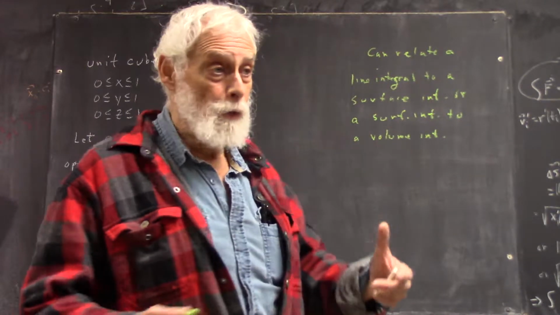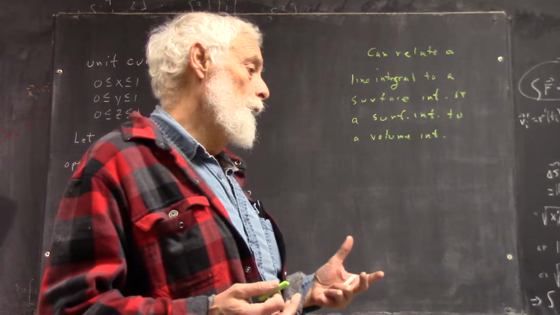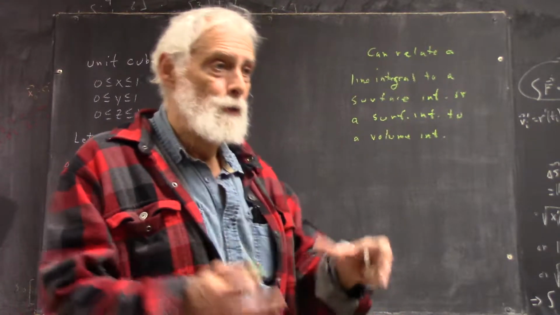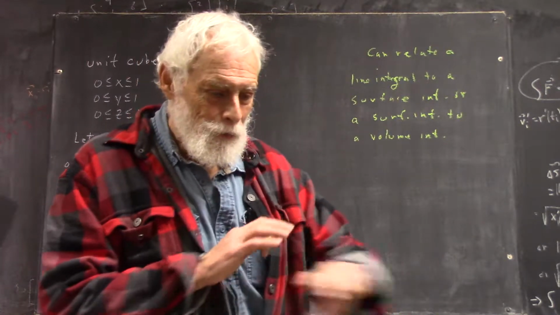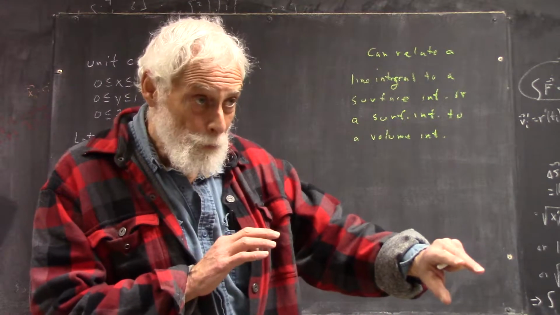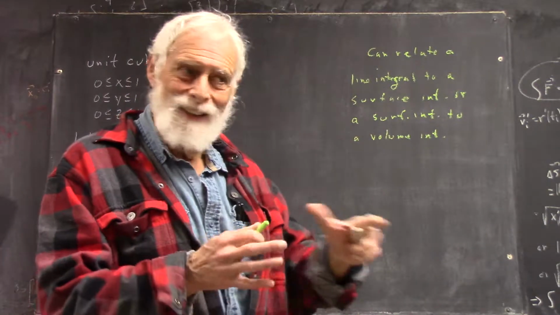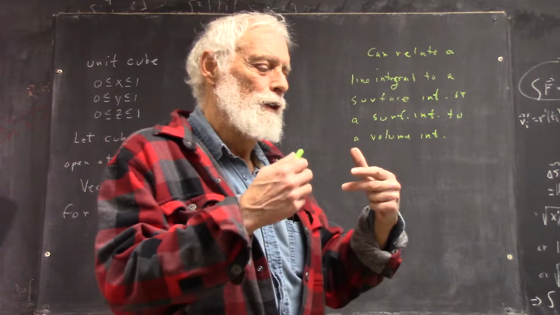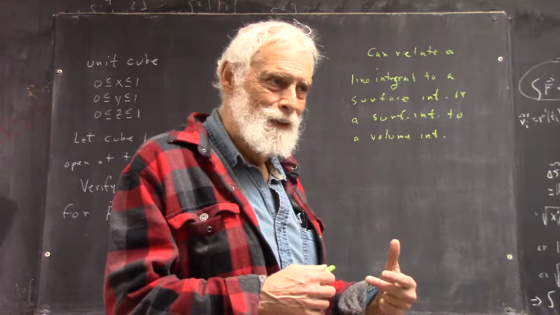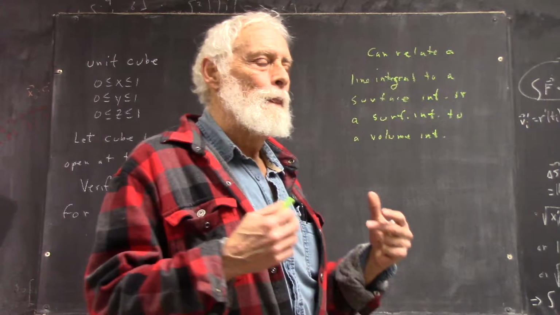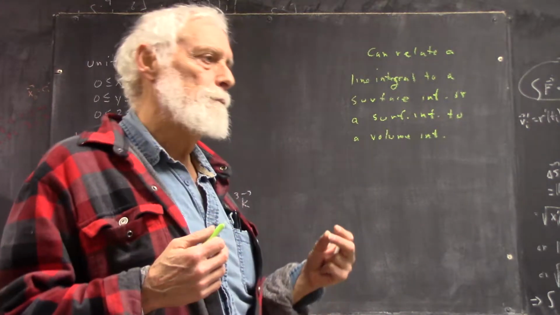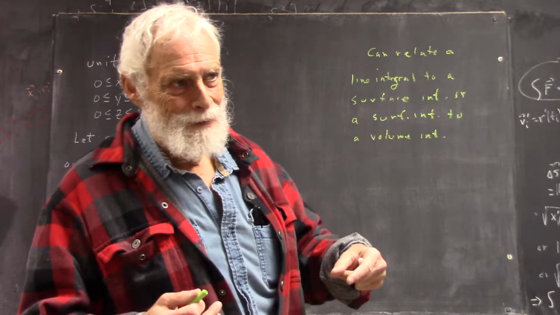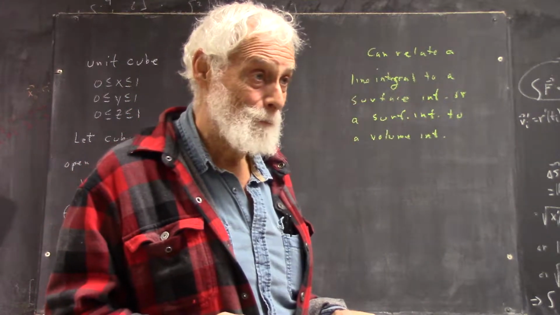And so Green's theorem relates a line integral to an integral over a 2-dimensional region, in the same way that the integral of a function in one variable relates an interval to an area, okay?